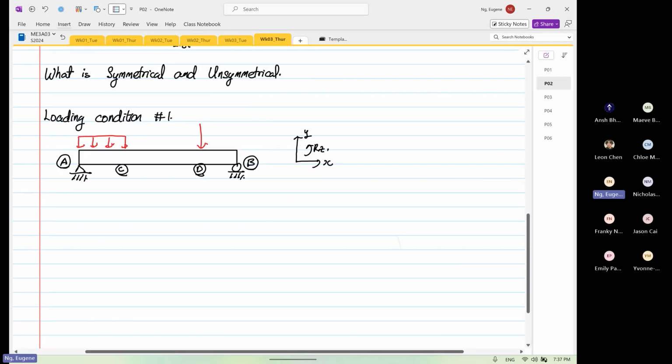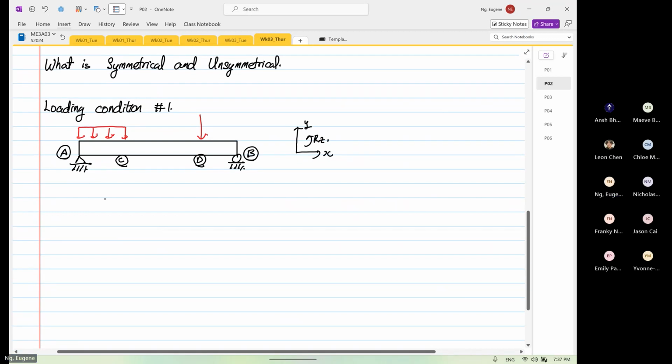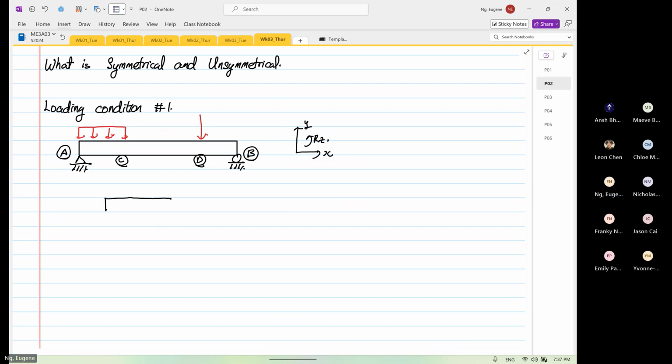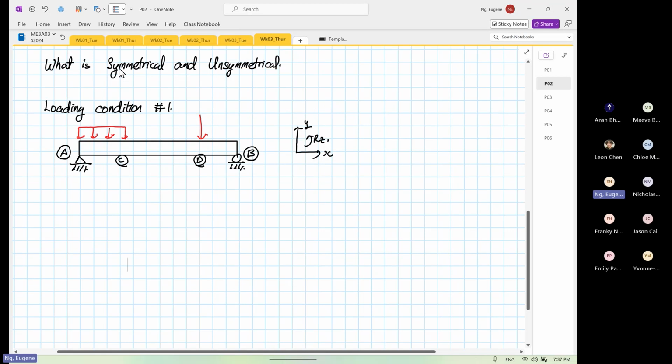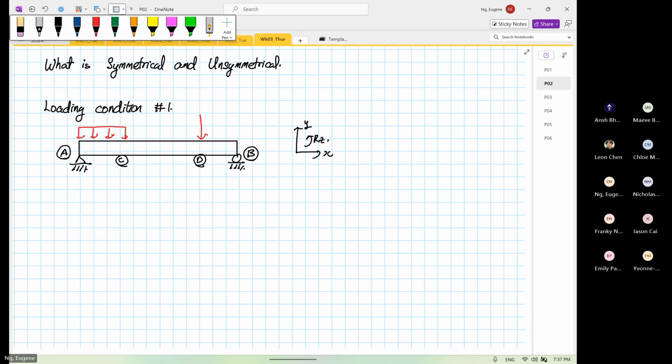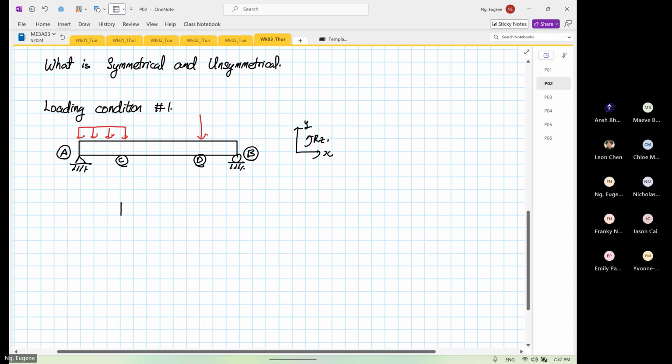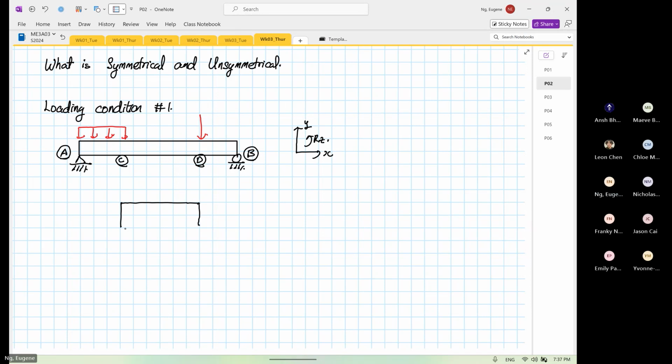And in loading condition number 1, the cross-sectional view of our structure looks like this. Let me sketch it. So we have our cross-sectional view, just like this. Okay.